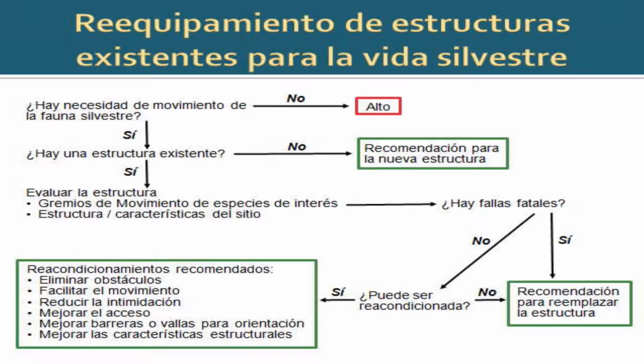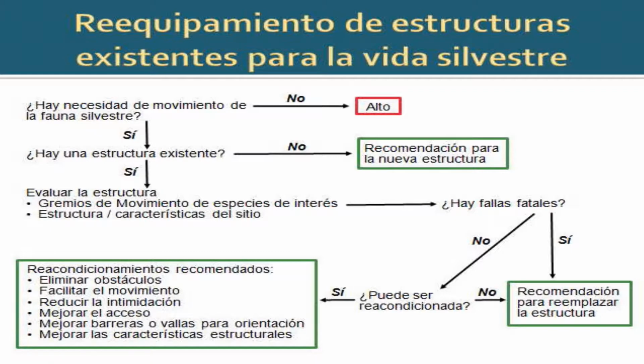If there are obstacles in front of, say, the culvert, then you can remove the obstacles. This might be anything from too much vegetation, so that your target species can't find the entrance, to it being silted in so they can't see it or can't get into the structure one way or the other.